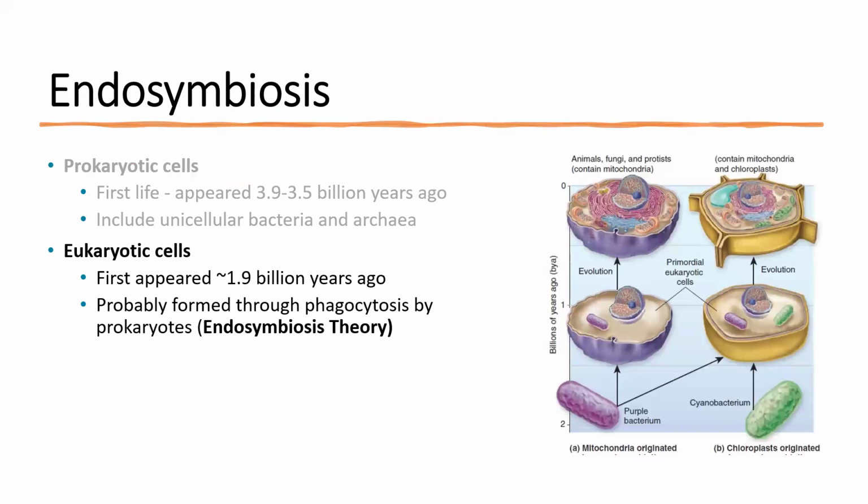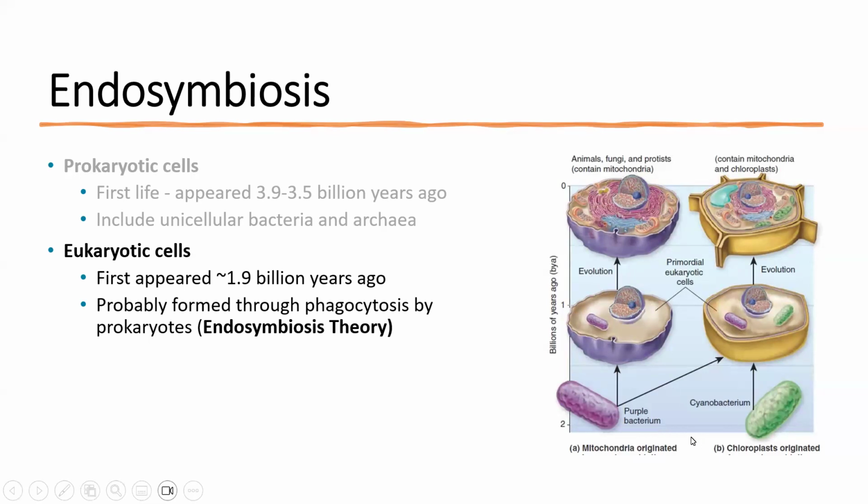Now, for the process of eukaryotes to exist, the fairly well accepted theory is called endosymbiosis. And from this, what is thought is that an archaeon was able to phagocytize some sort of bacteria, probably like a purple bacteria, which became the mitochondria of the cells. And over time, you get the formation of these compartmentalized organelles within your eukaryotic cell.